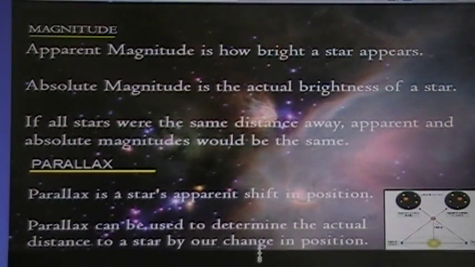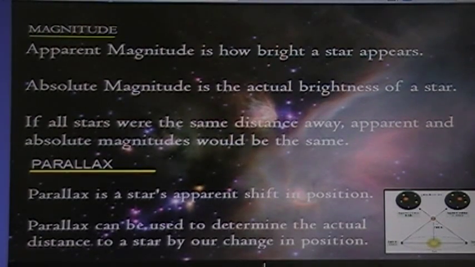Now, getting back to that first question we asked, how do we know the distance of stars? Well, we use a mathematical equation called parallax. Parallax is a star's apparent shift in its position. Parallax can be used to determine the actual distance to a star by our change in our position.